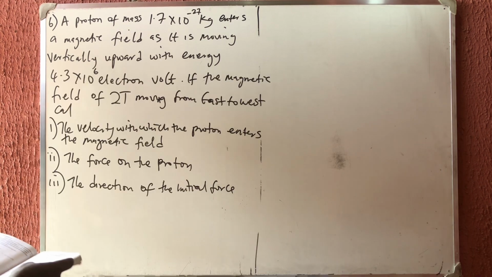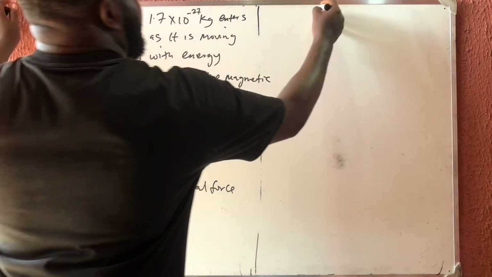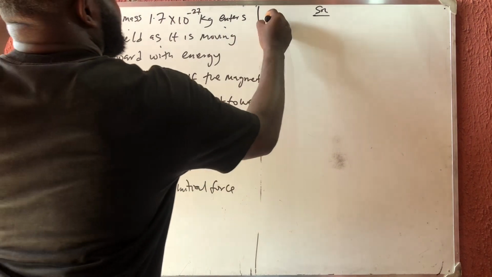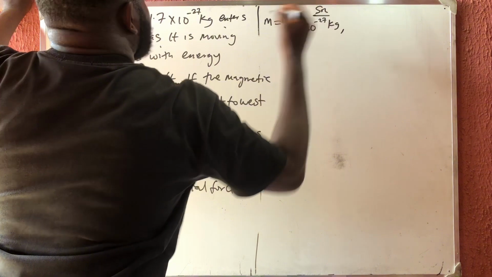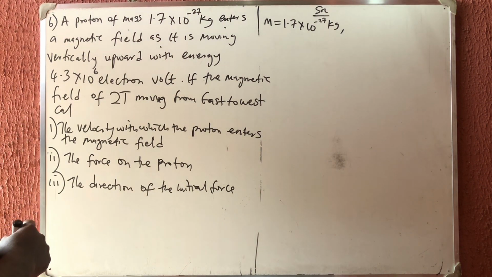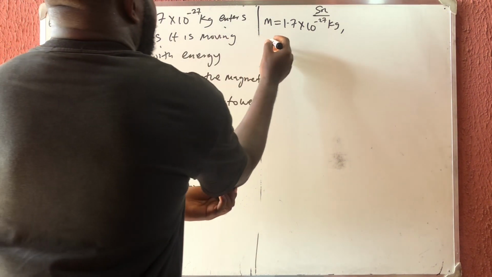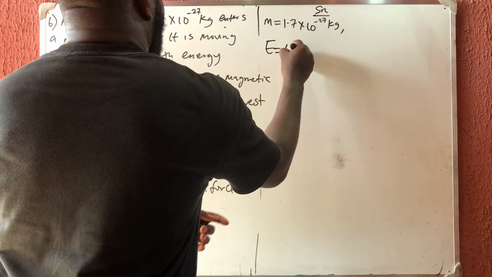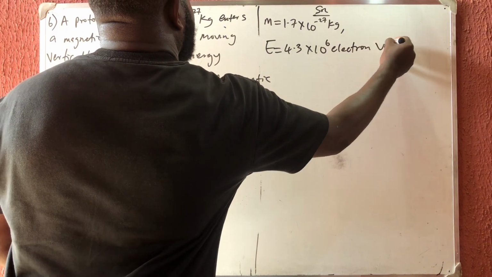So I'm going to have, okay, solution. Now, the first thing they gave us is mass. They gave us that the mass is 1.7 times 10 raised to the power minus 27 kg. The next thing they gave us is the energy, which is 4.3 times 10 raised to the power 6 electron volts.